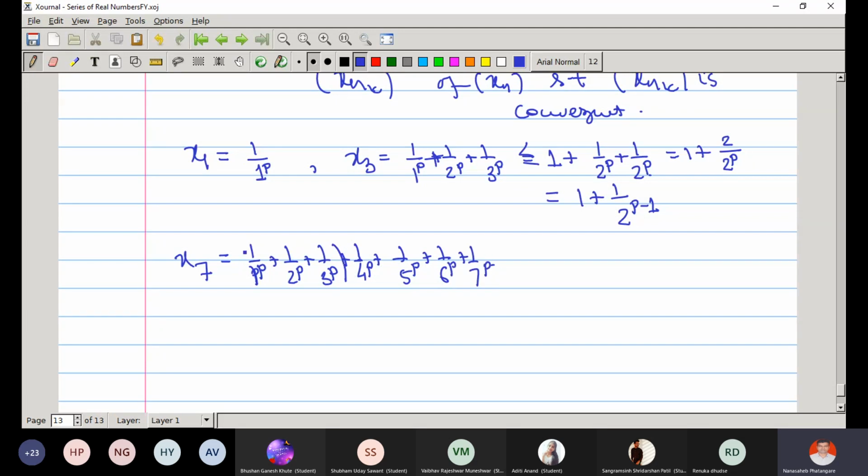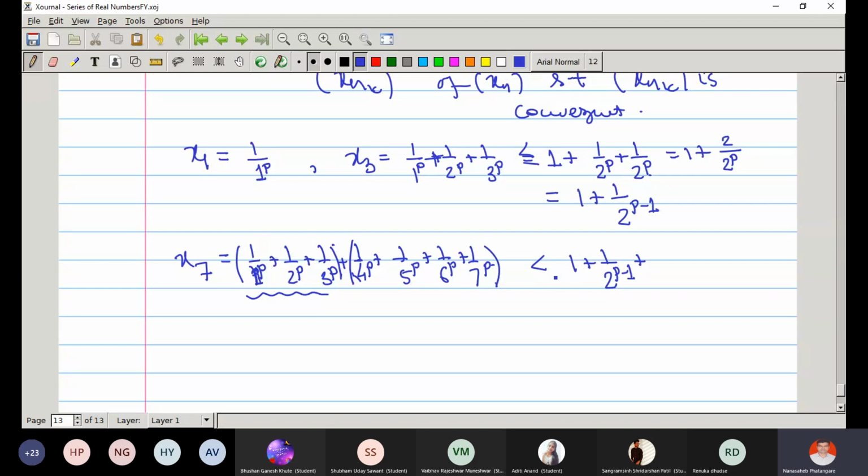But up to this it is x3, and this amount we have already verified is less than something. And then the second bracket. So let me write it down in detail. This first bracket we have already verified is less than 1 plus 1 upon 2 to the power p minus 1, plus.